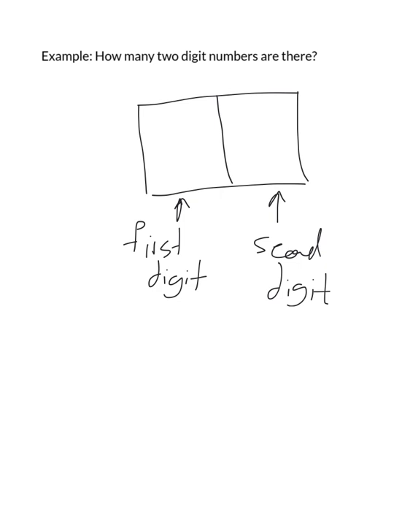Let's first consider this position here. How many possibilities do we have for this? Now you should think of different types of objects and how many digits we can put here. We can put all the digits from 0 to 9 in the second digit, because for any of those digits from 0 to 9 there is some two-digit number where they appear in the second place.